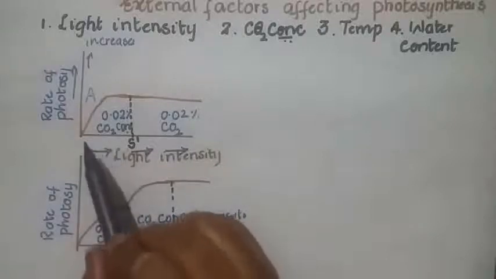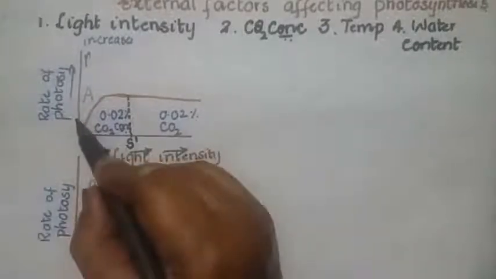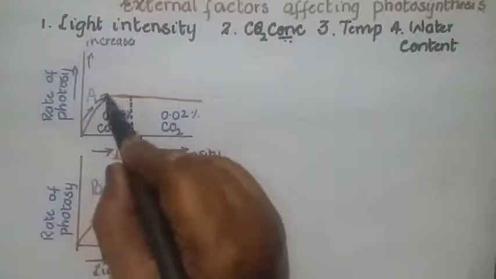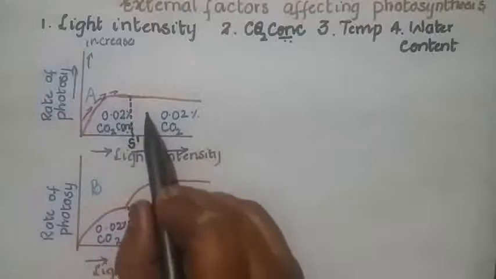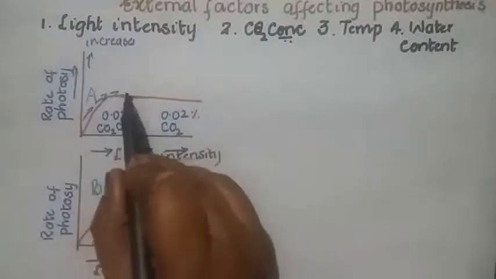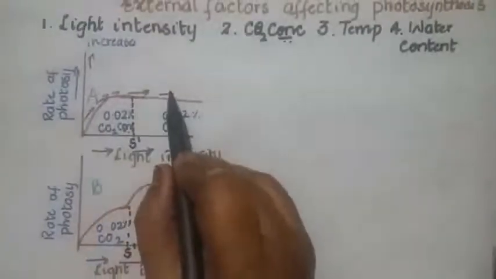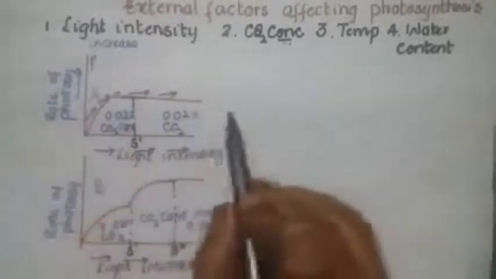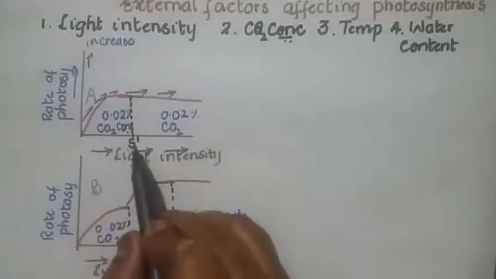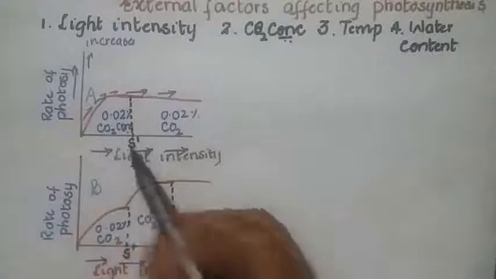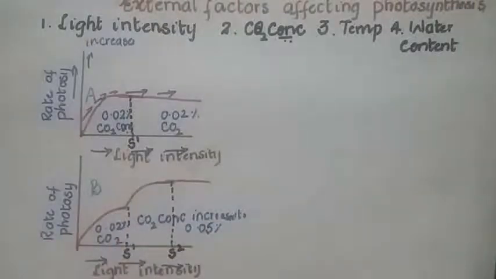So the rate of photosynthesis increases gradually, but after a certain period of time, you can find that photosynthesis becomes constant, or stabilized, which can be named S1.